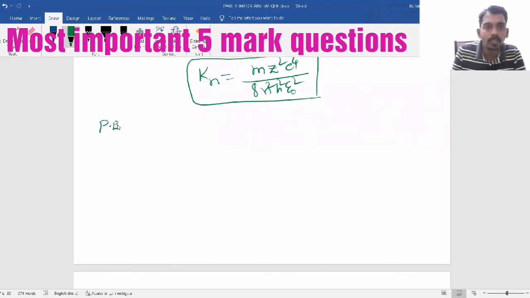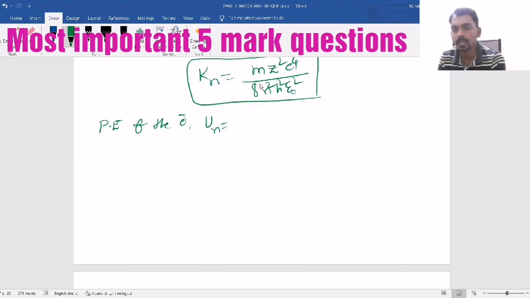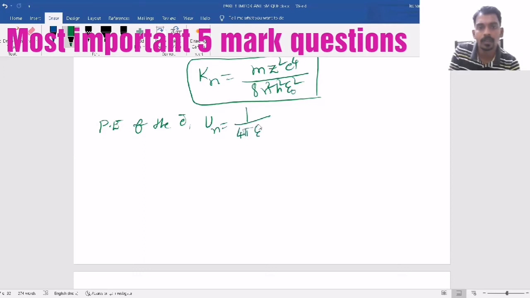Similarly, when you consider potential energy of the electron, that means the electrostatic potential energy of electron and nucleus. That is 1 by 4 pi epsilon naught q1 q2 by r. q1 is minus e, q2 is Ze, by Rn. As we know the Rn value, just substitute it.